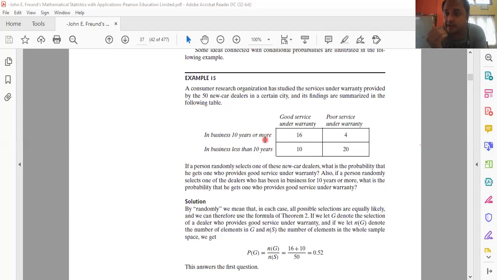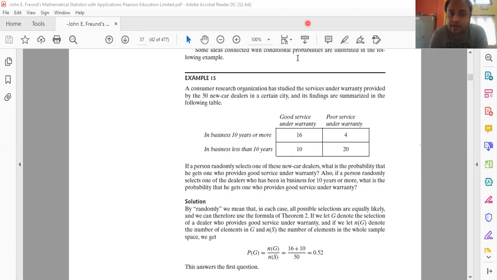Now he has decided that he is not going to select the car dealer from those who are in business for 10 years or less. He wants to select them from the set of car dealers which are in business for 10 years or more. So on the basis of this condition, he wants to find the chance that the car dealer selected will provide a good service under warranty.